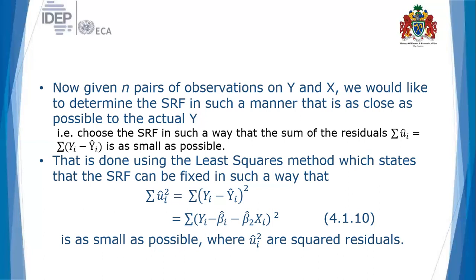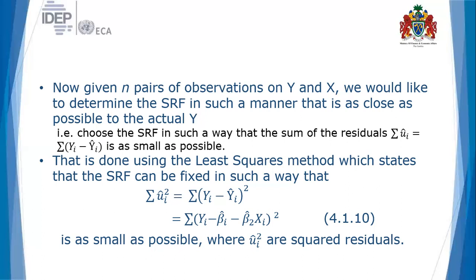That is done using the least squares method, which states that the sample regression function can be fixed in such a way that the sum of mu hat_i squared is equal to the summation of (y_i minus y hat_i) squared.